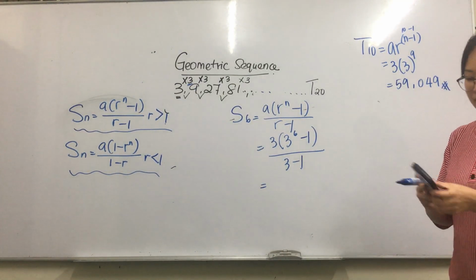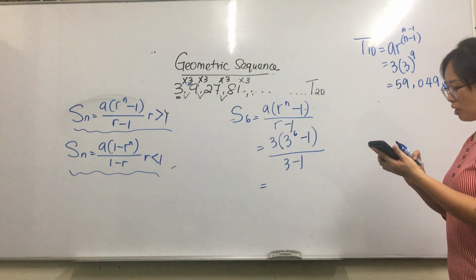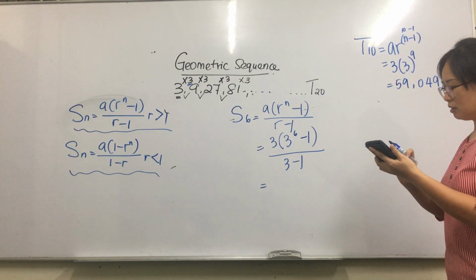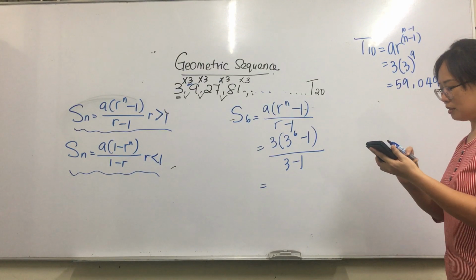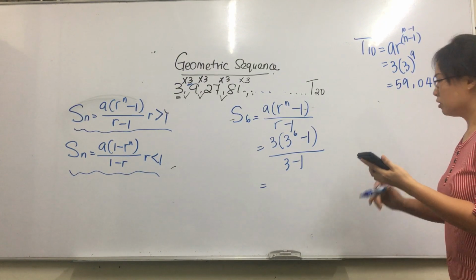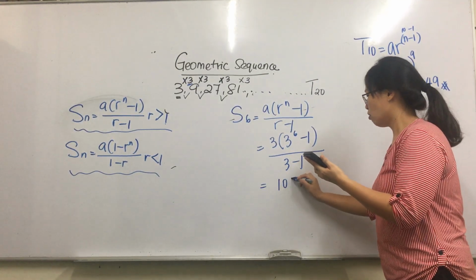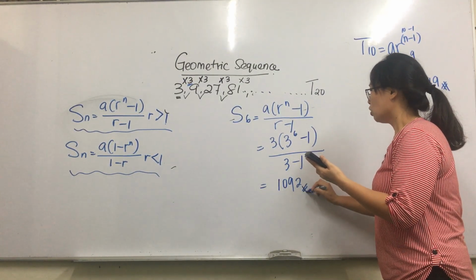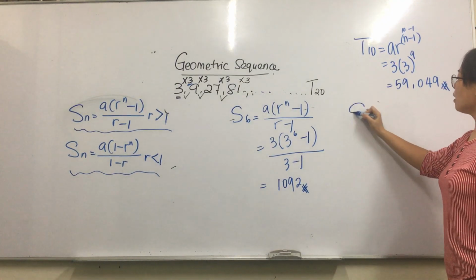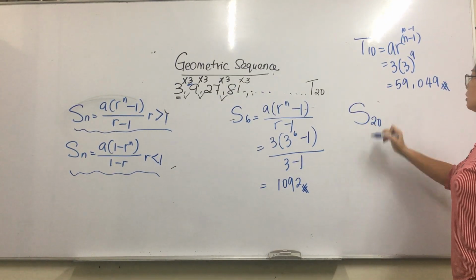Now let us try. 3 power of 6 minus 1 times 3 divided by 2. So this is my answer, 1092. Okay, let's say I would like to find out the sum of the 20th term.